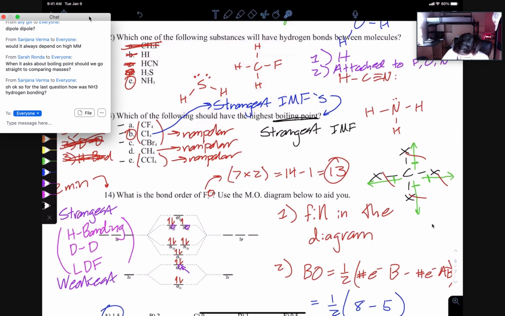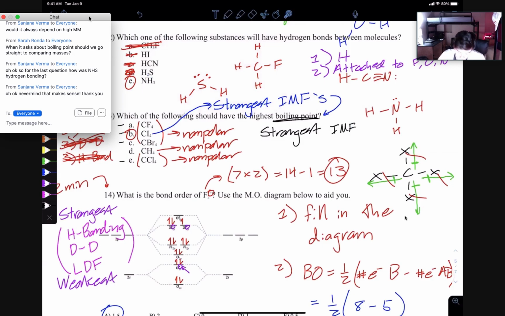So that hydrogen is attached to that nitrogen, so that means hydrogen bonding can happen. Only when hydrogen is attached to one of those does hydrogen bonding happen. And so if you look at this list of molecules and ask which one has the highest boiling point, it would be NH3, because hydrogen bonding occurs in NH3 and it's the strongest intermolecular force.